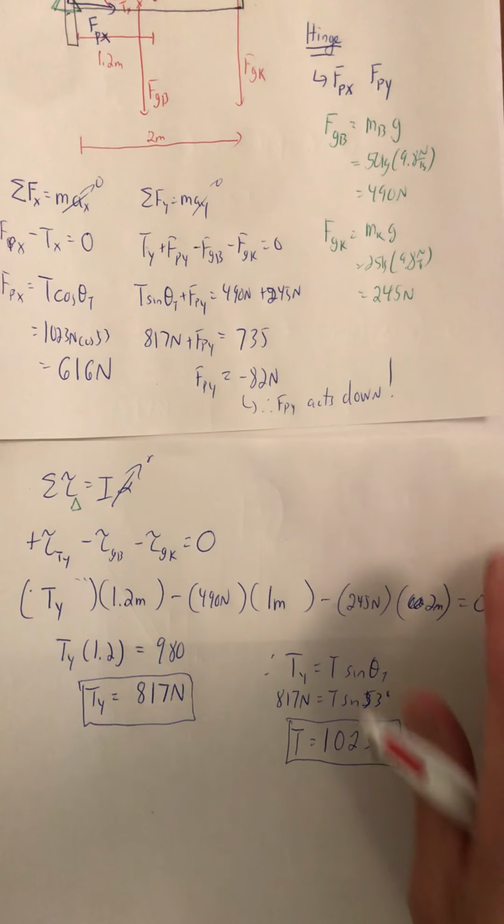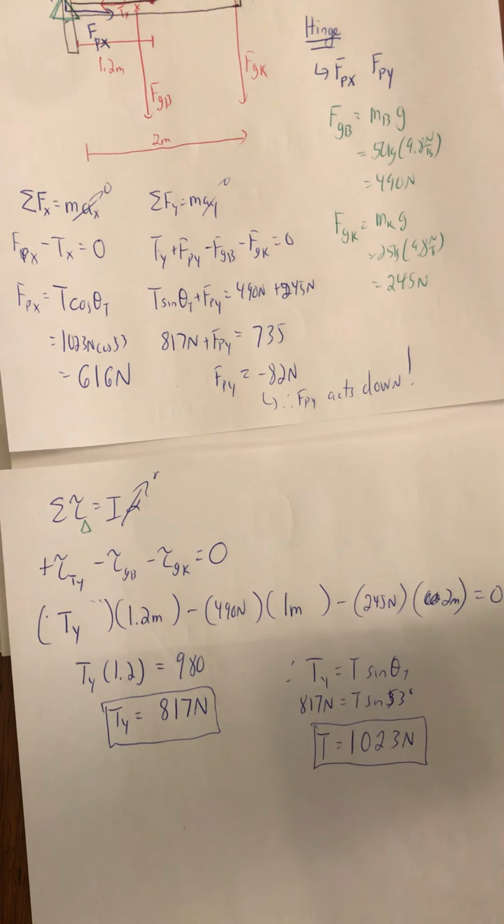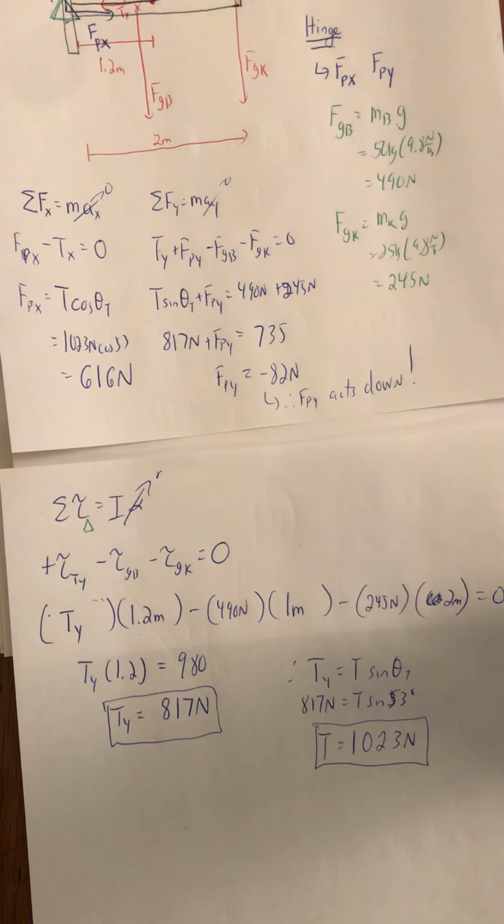Now I can do all sorts of variants on this. Oftentimes I could change the tension. So a question might be, well, what would I have to change the tension to make Fpy go to 0, right? You can look at that expression and kind of figure out how that might happen.